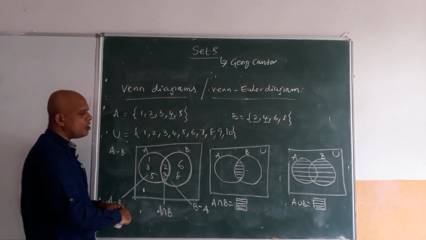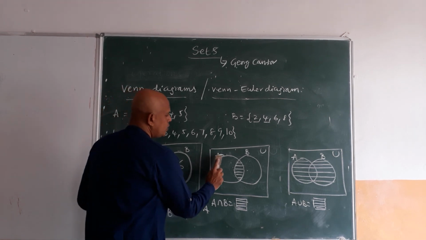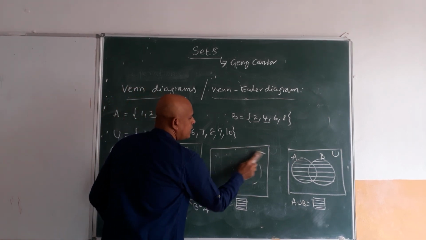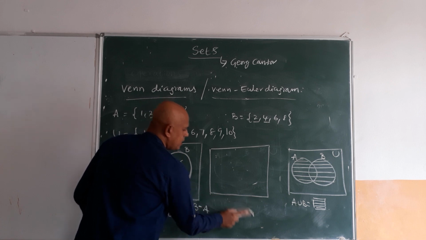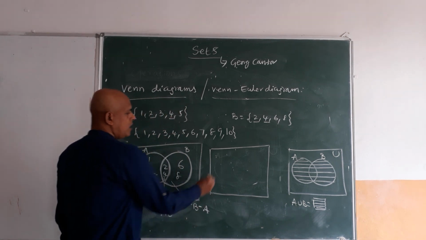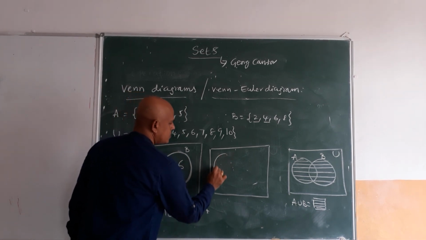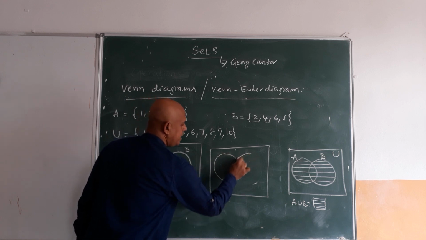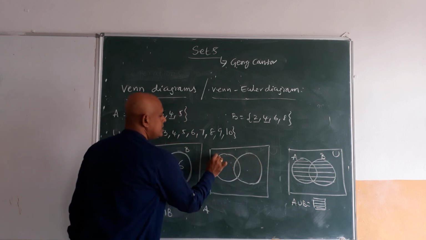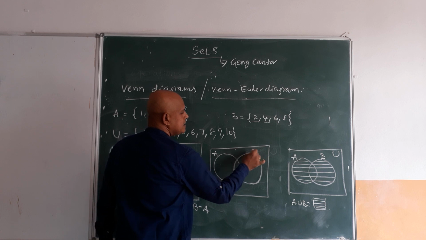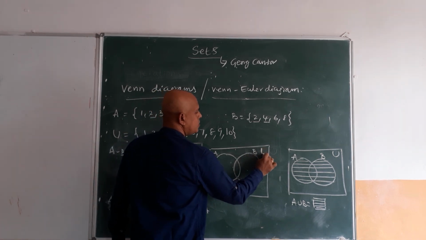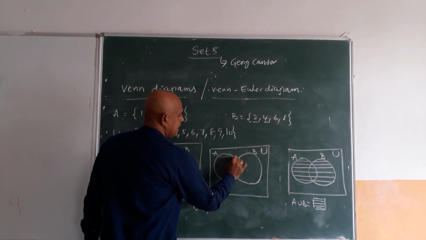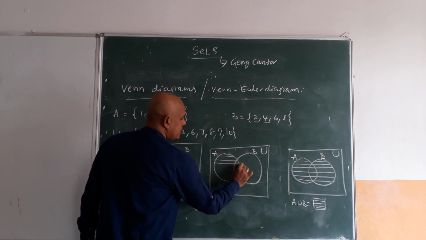So when the elements are not given, how do we draw the Venn diagram? Let us see the remaining part of A union B. All can be explained in one diagram also. Say this is A and this is B and this is the universal set. Let us take A elements, which are not given.